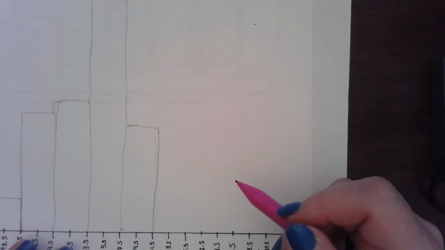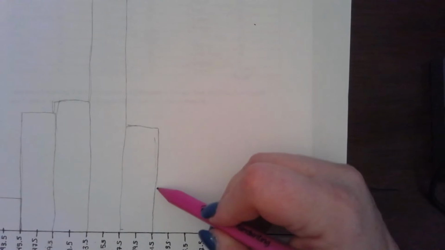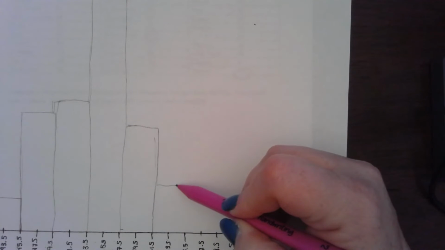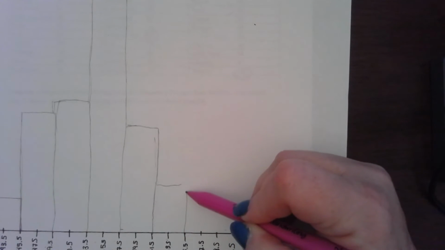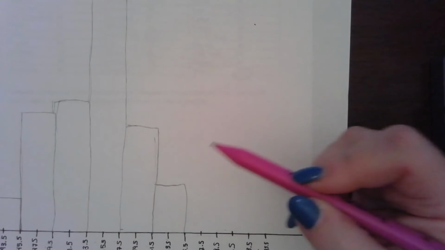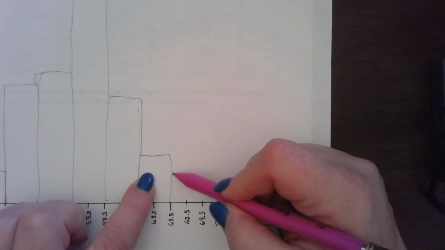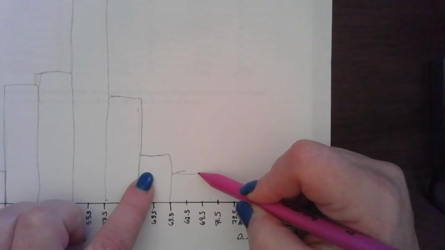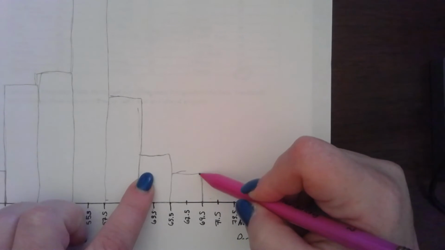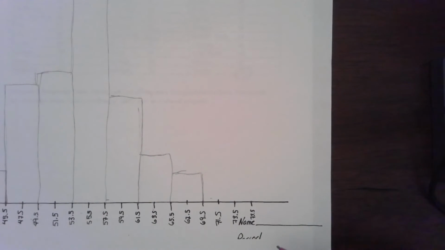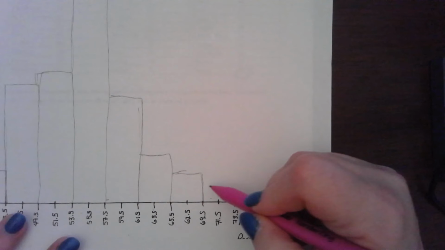And then we have a frequency of 3. And then we have a frequency of 2. And I'm lining these up. It's not as pretty as I'd like it to be. Make sure you do straight lines, okay, because you will be graded on that. And then the last one is 1.